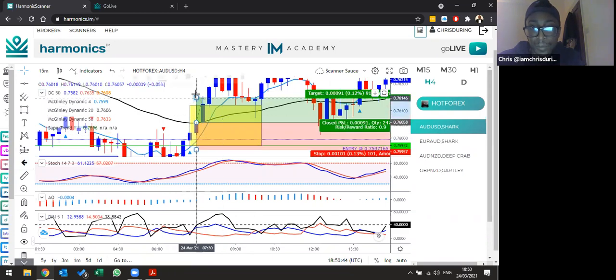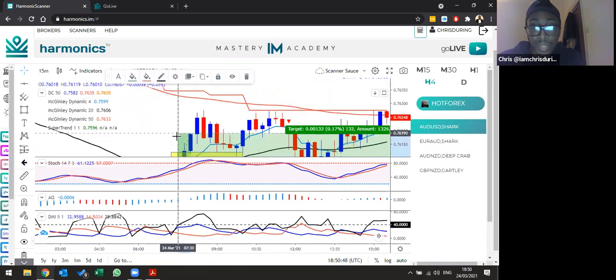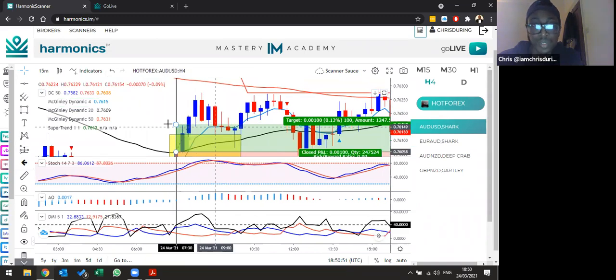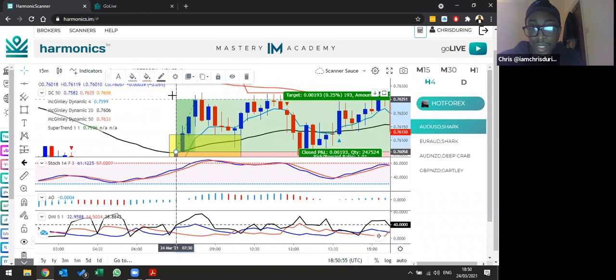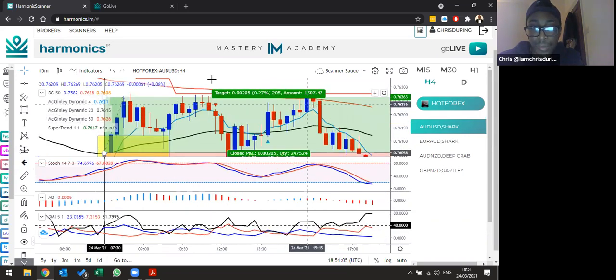Now, if I'd gone for a 10 pip stop loss, I could have gone for a 10 pip TP for TP1. So that's a 1-to-1. And if we went for a 20 pip TP, you can see that it hit 20 pips there before retracing and coming back down and then going back up to the 20 pips there as well.